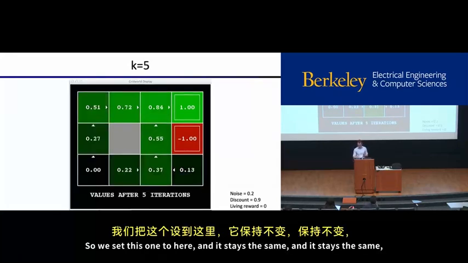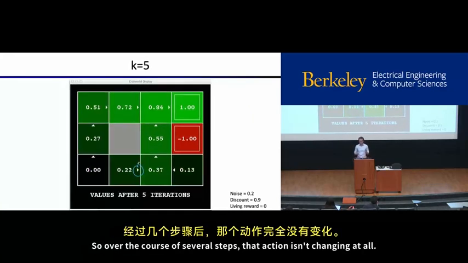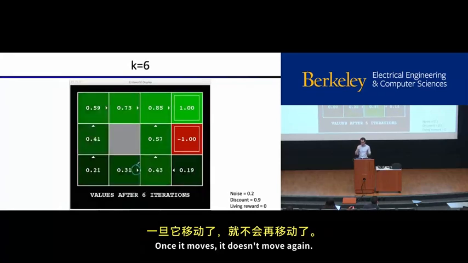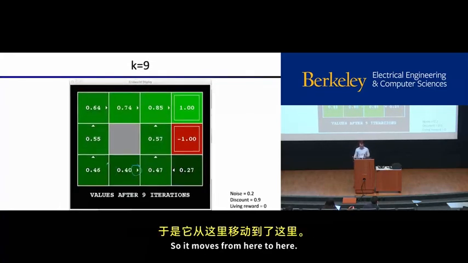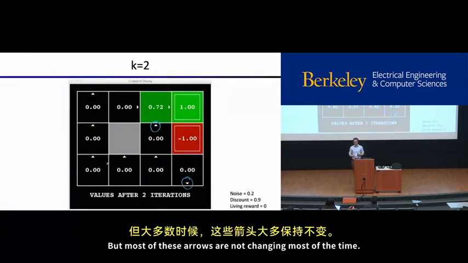We set this one to here, and it stays the same, and it stays the same, and then it stays the same. So over the course of several steps, that action isn't changing at all. Once it moves, it doesn't move again. And then it changes at time step 10. So it moves from here to here. But most of these arrows are not changing most of the time.